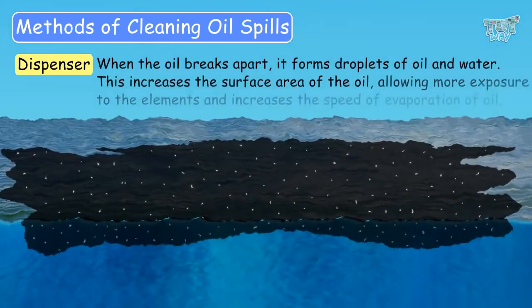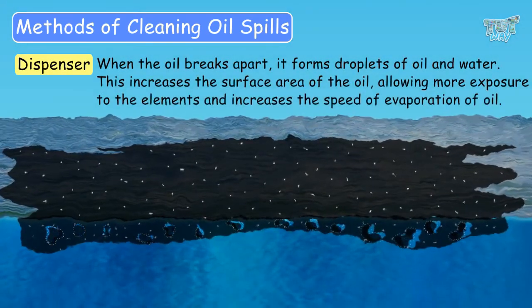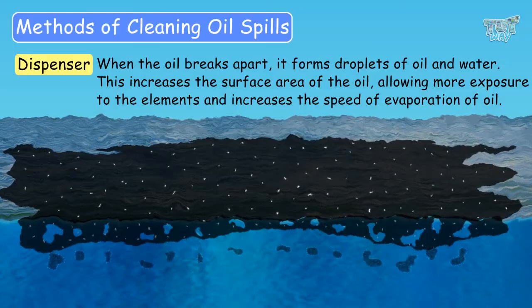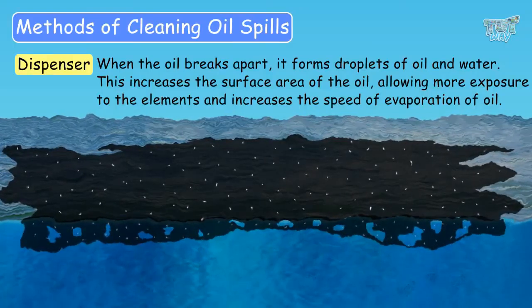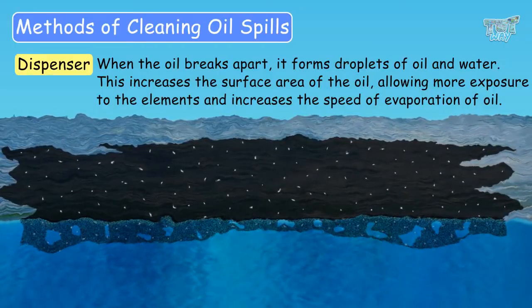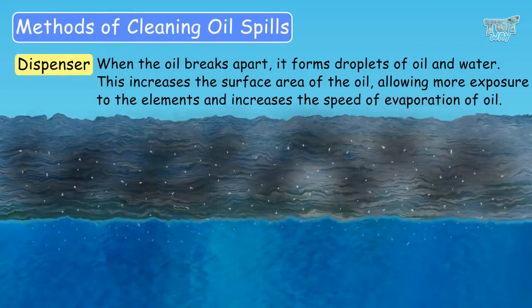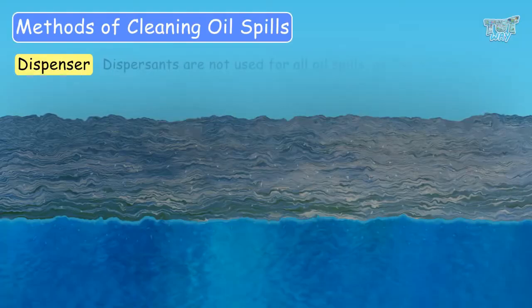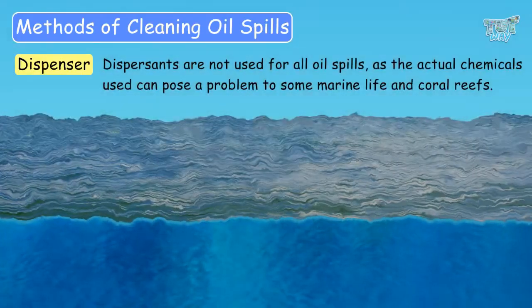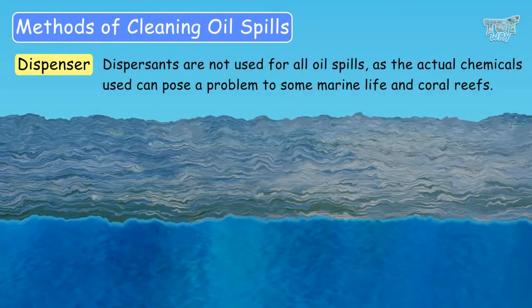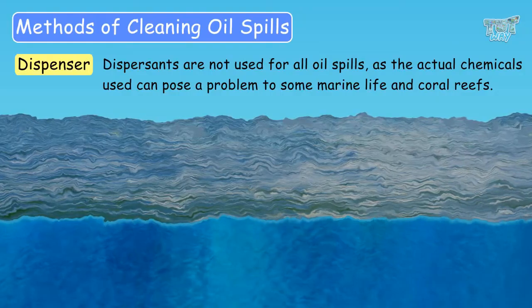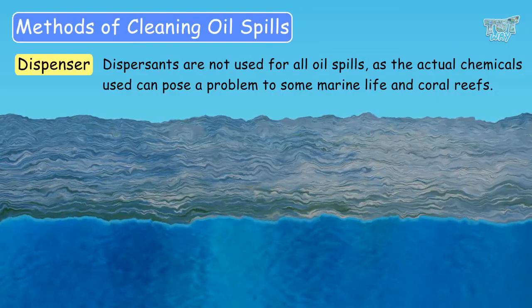When the oil breaks apart, it forms droplets of oil and water. This increases the surface area of the oil, allowing more exposure to the elements and therefore increasing the speed of evaporation of the oil. Dispersants are not used for all oil spills, as the actual chemicals used can pose a problem to submarine life and coral reefs.